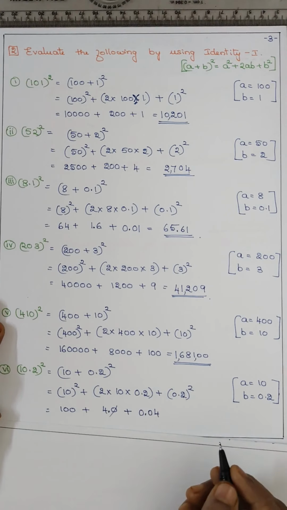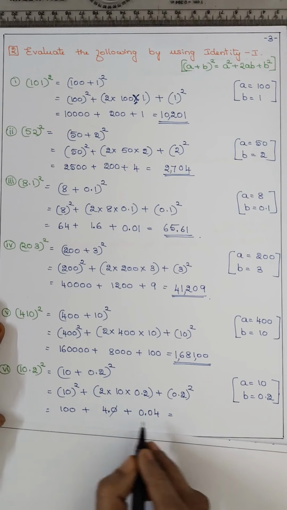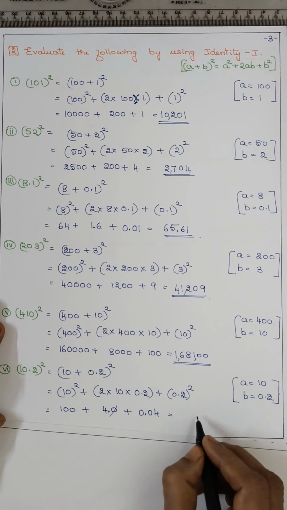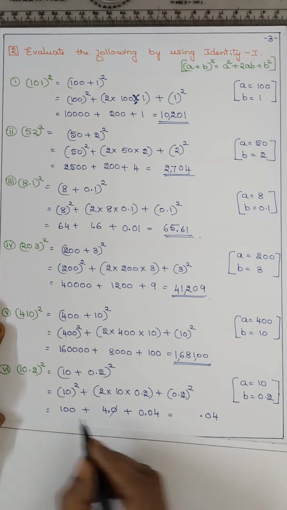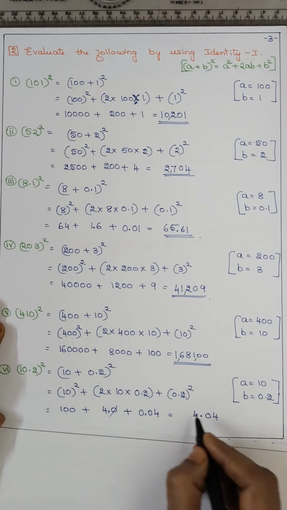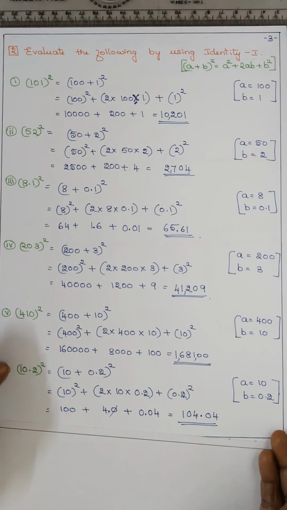Put extra 0, then decimal place and 0. Now these are whole numbers. Decimal के place में 0.04 directly. Now 4 plus 0 is 4, tens का place 0, 100 का place 1. It is 104.04.